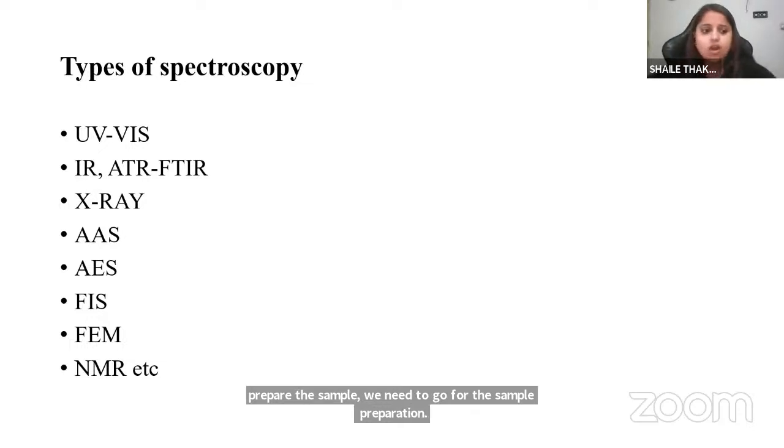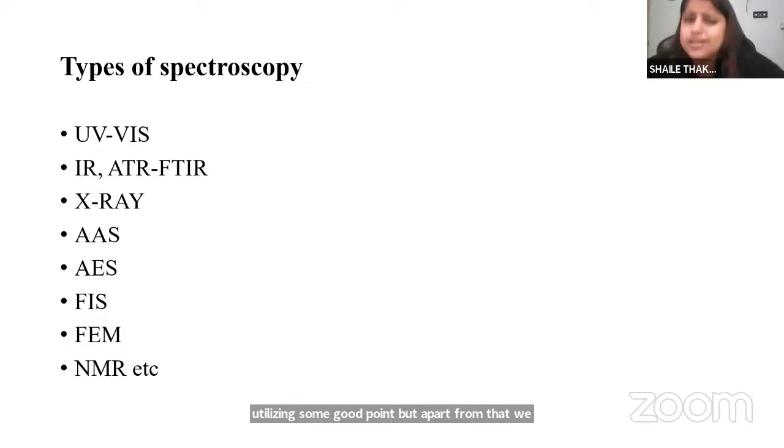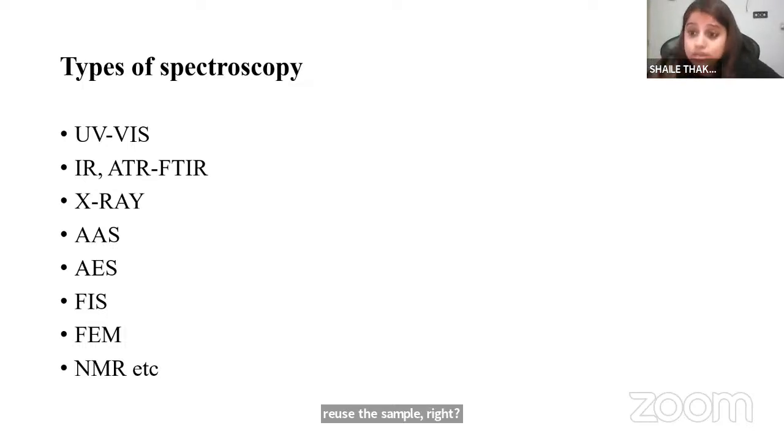In conventional IR, we were utilizing some good points, but apart from that, we were dealing with destructive sample preparation, in which after the sample was subjected to the IR instrument, we were unable to reuse the sample, right? So this is quite a challenge in forensic science, to develop a non-destructive technique.